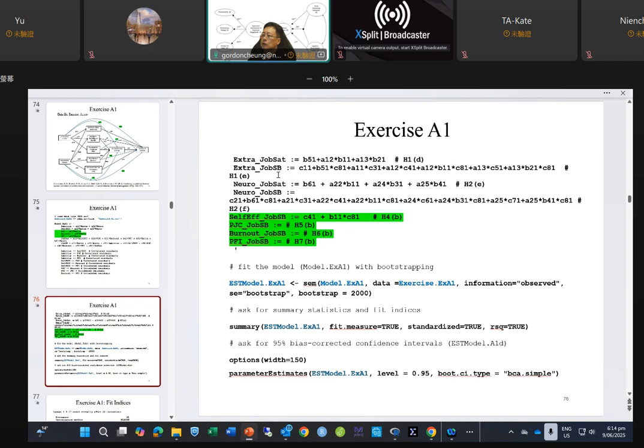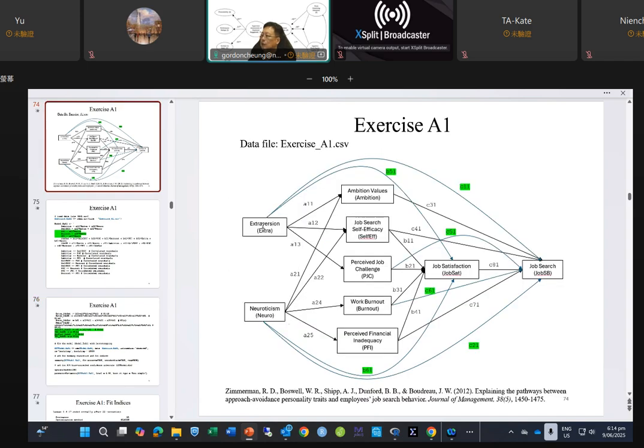Extra to job search behavior is a lot more complicated. We need to find out all the paths. First, it is C11. And then we can have B51 times CH1. You can also have A11 times CB1, A12 times C41.